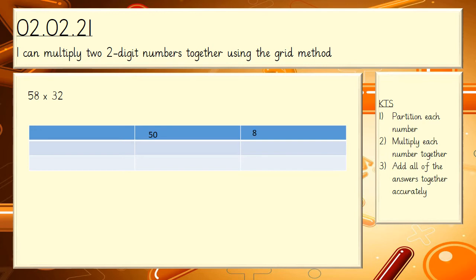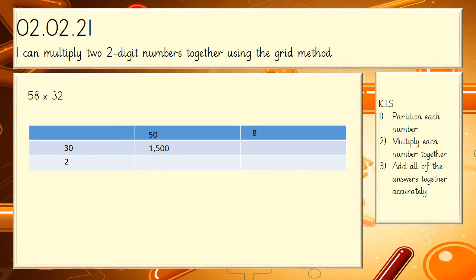Now, when you partition 32, what would you get? 30 and 2. Wicked. Right, so 30 multiplied by 50, if you do 3 times 5 and then put 2 zeros on the end, what do you get? So 3 times 5 is 15, with those 2 extra zeros, 1,500.